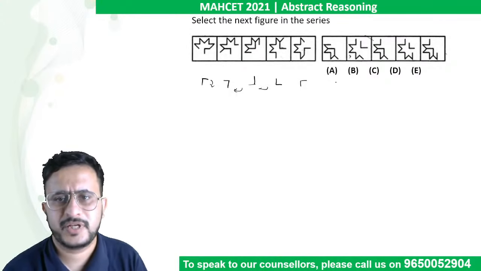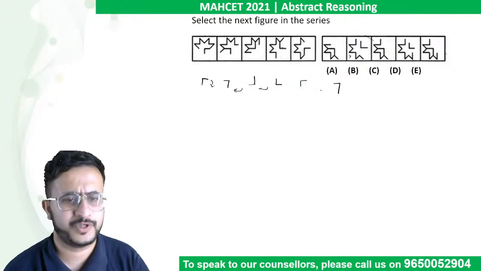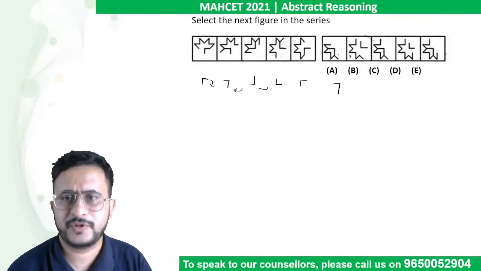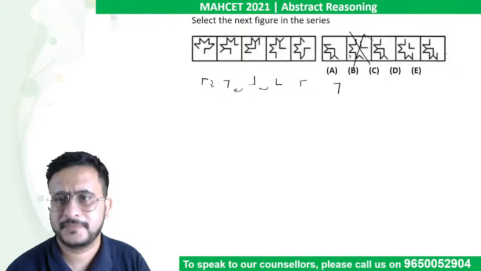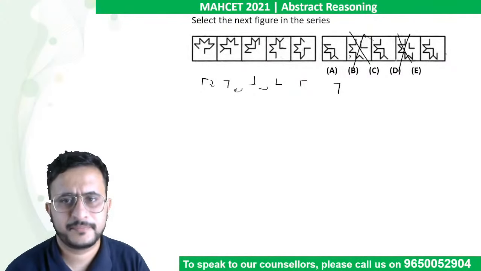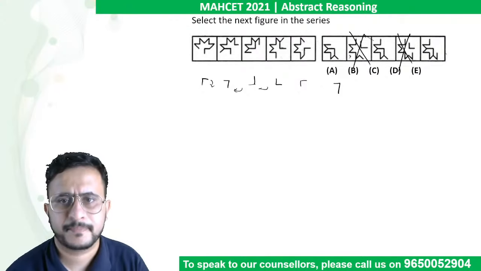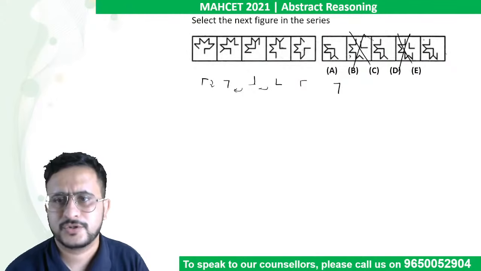Okay, so next it should be downward. Acha, it is upward. It should be like this, na? It was like this. Yes, it should be downward.